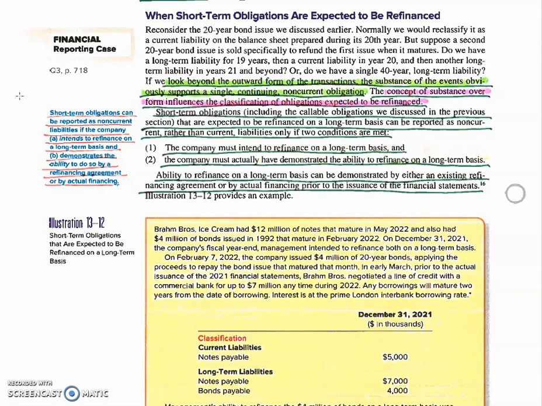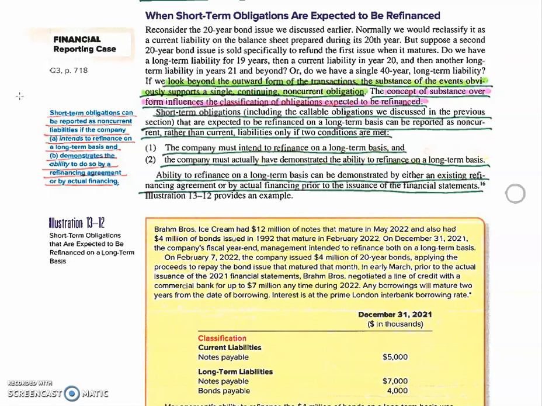And so if that is both your intention and you show that you have the ability to do that, you do not have to reclassify that debt as current.